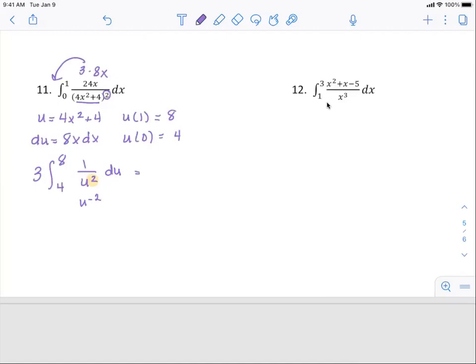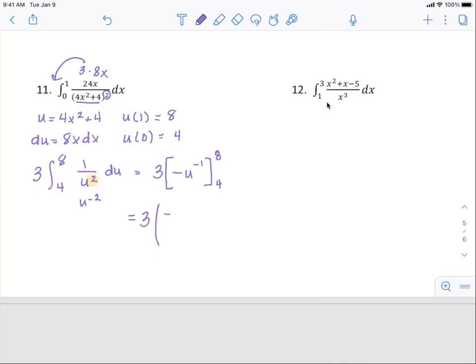So we have 3 times our bracket notation, because we're going to move to the definite fundamental theorem of calculus evaluation here. So if we add 1, we get u to the negative 1, and then we divide by negative 1, which makes this negative, from 4 to 8. So this gives us 3 times f of b minus f of a.